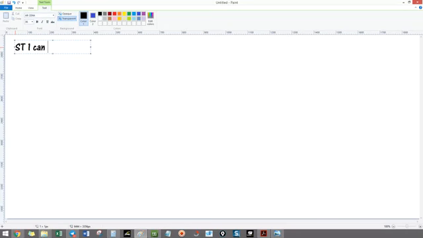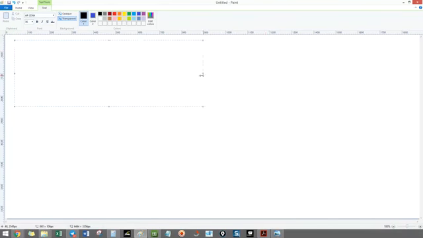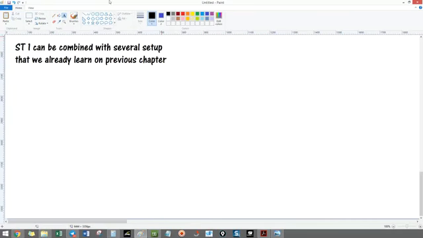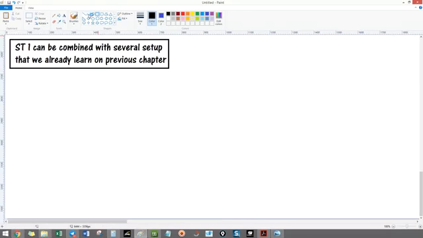ST1 can be combined with several setups that we already learned in previous chapters. You can use it on QM.